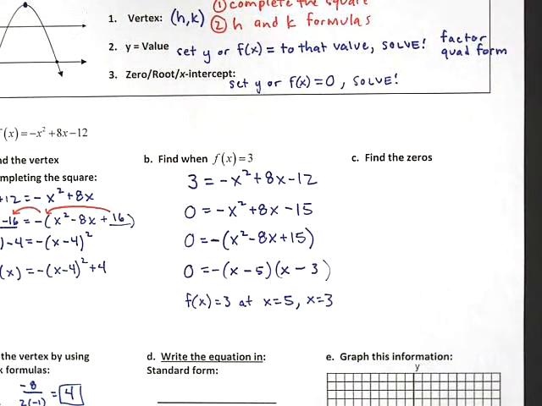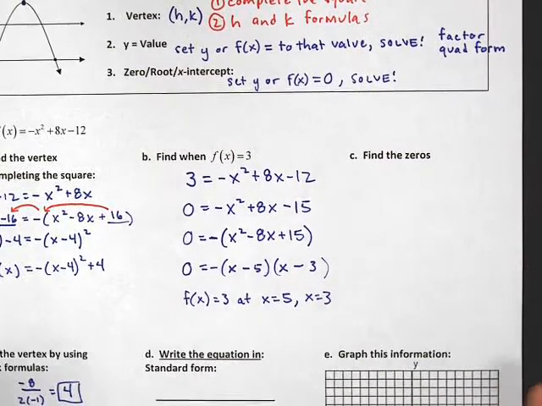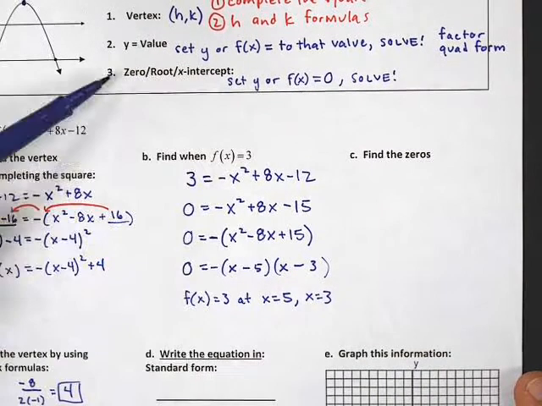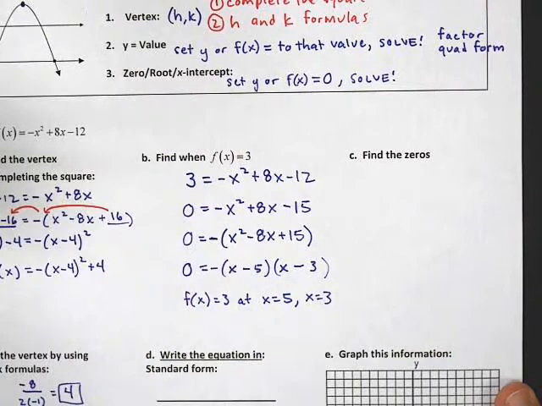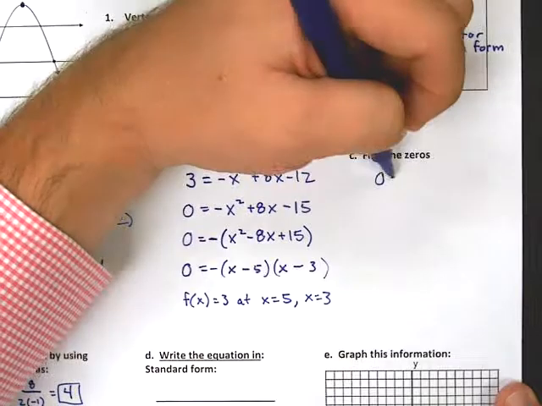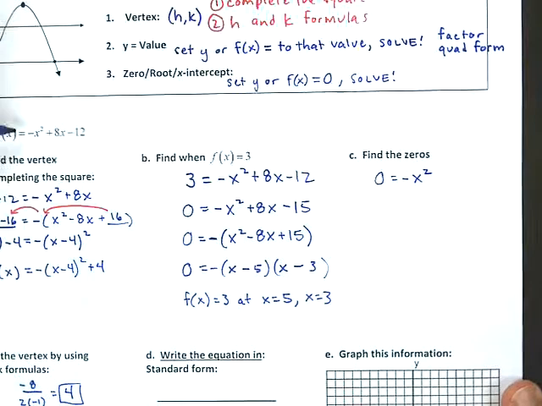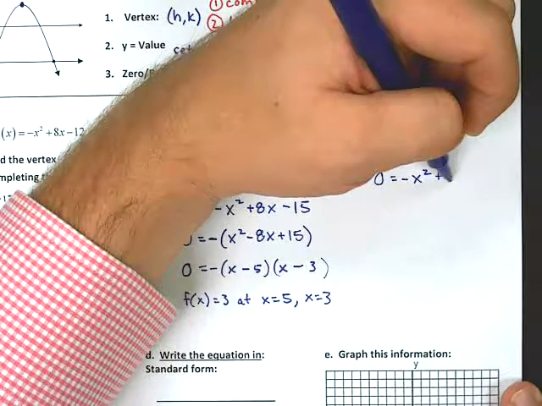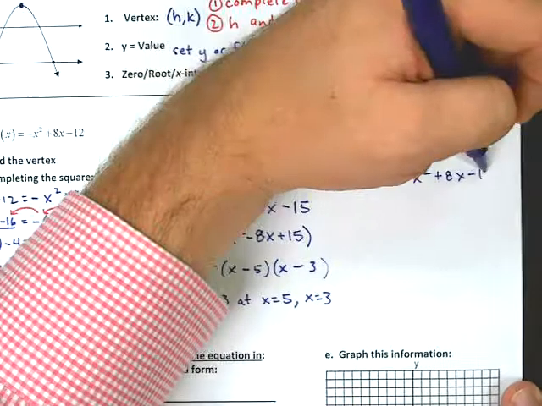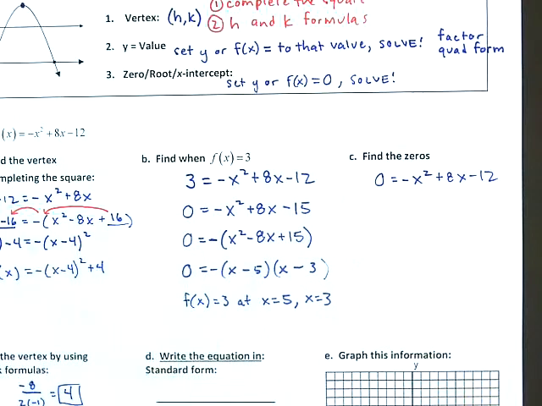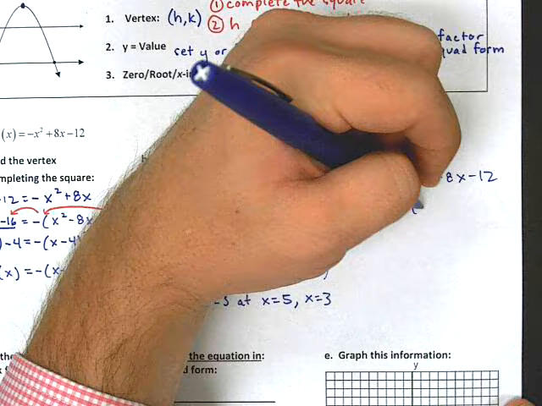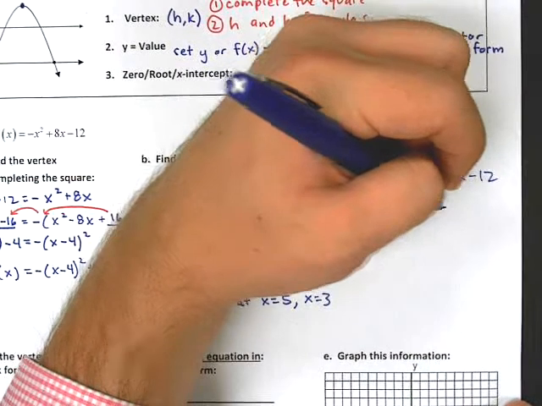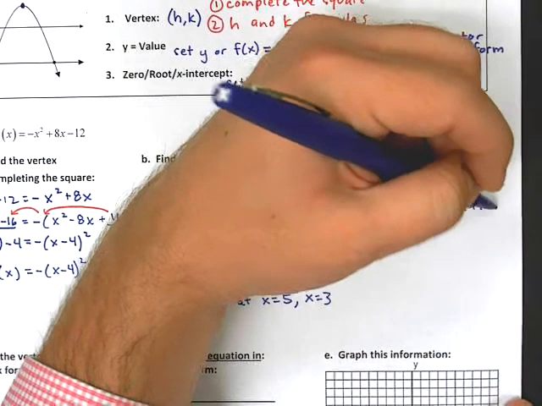Okay? And lastly, the zeros. Again, same type of concept. It's just now I know that my zeros are going to occur when y is equal to 0. So 0 equals negative x squared plus 8x minus 12. 0 is equal to the equation. Good. Again, I'm going to factor out that negative, so x squared minus 8x plus 12.